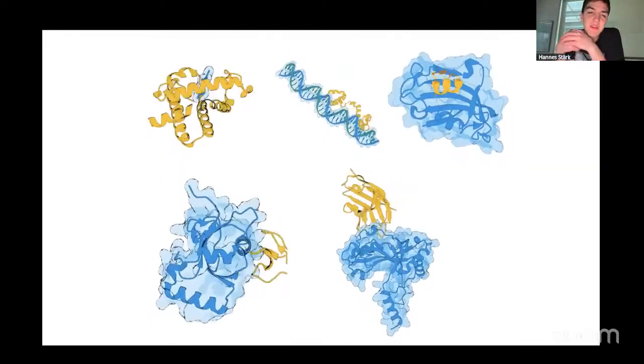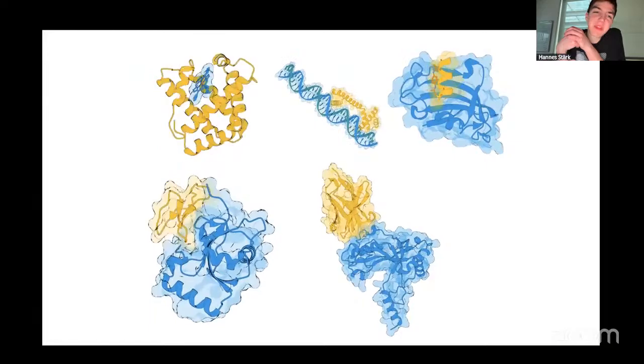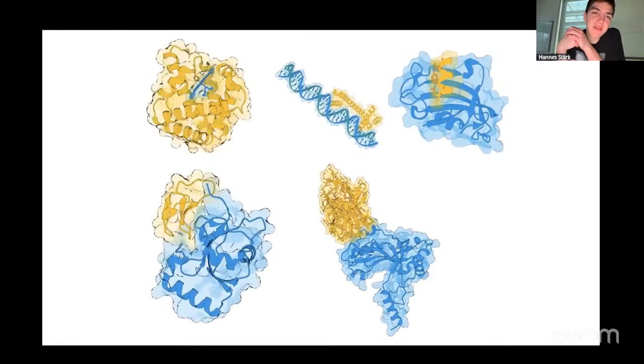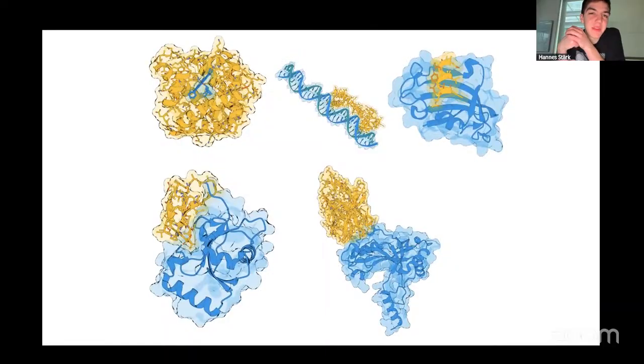I will briefly show you some results that are purely computational, and we're looking at some fun animations. But these computational results are not the designability numbers that people often look at in these types of binder design papers or unconditional protein structure design papers.